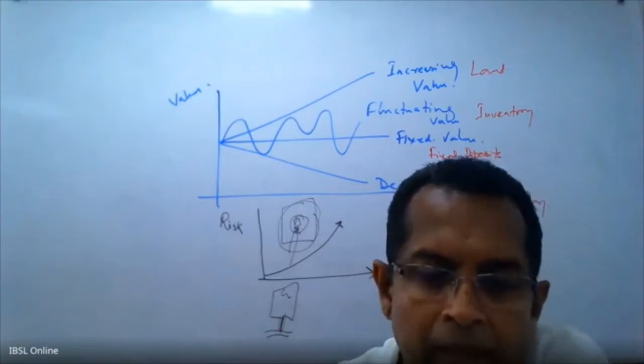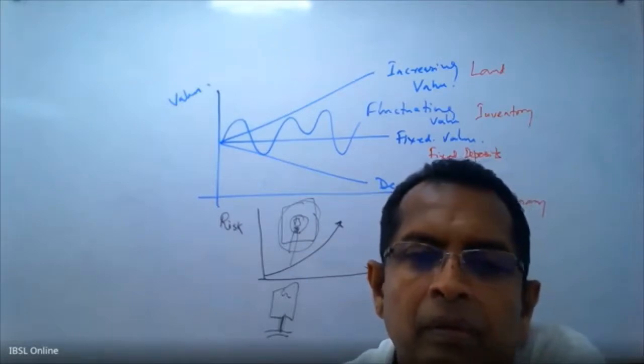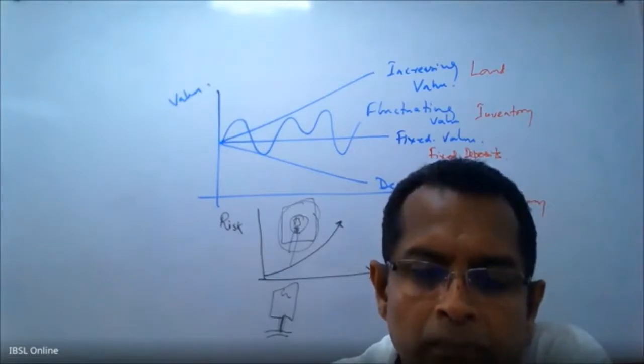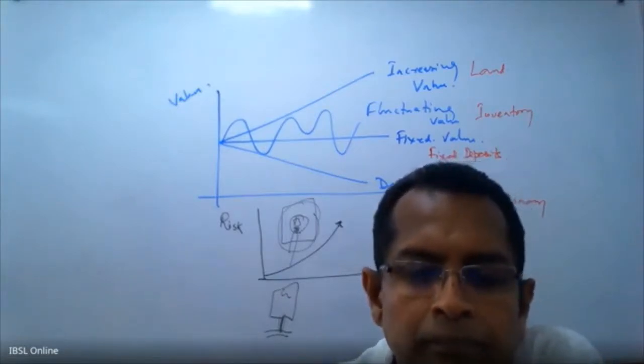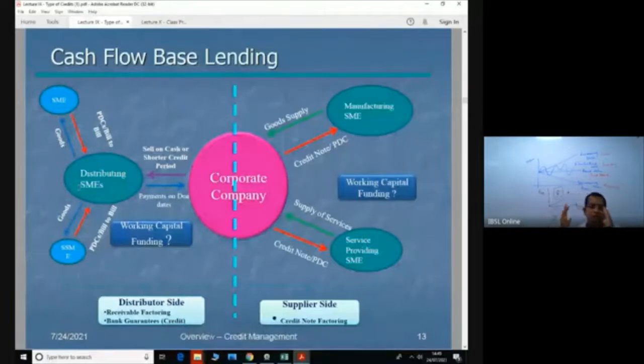Okay, then we will go to the other side. This side is called the distributor side. That means now the supplier has given to DSI. DSI is not giving everywhere to sell. There will be agents, again SME, right? There will be distributors or agents. DSI will give goods to these agents.